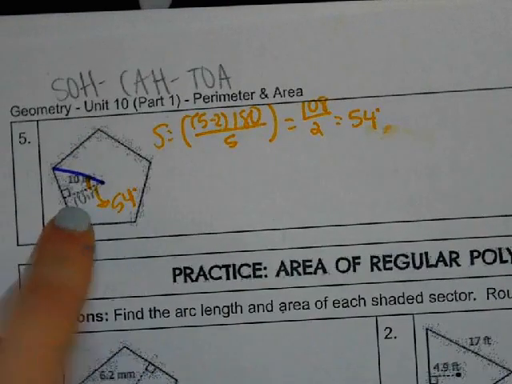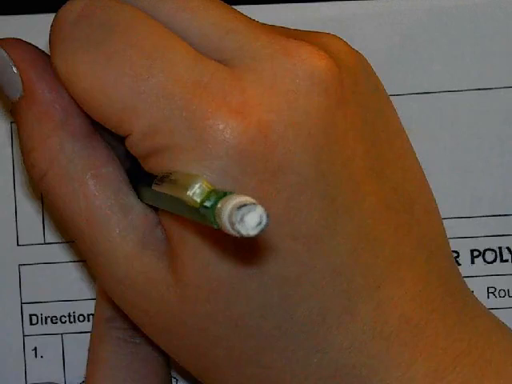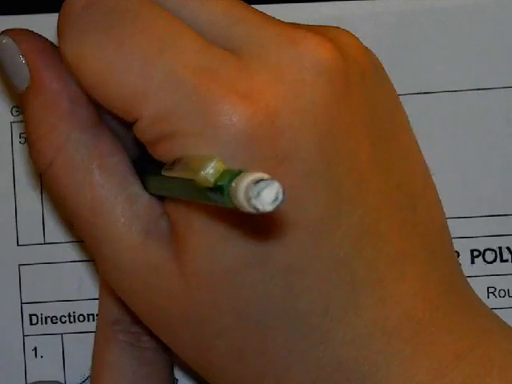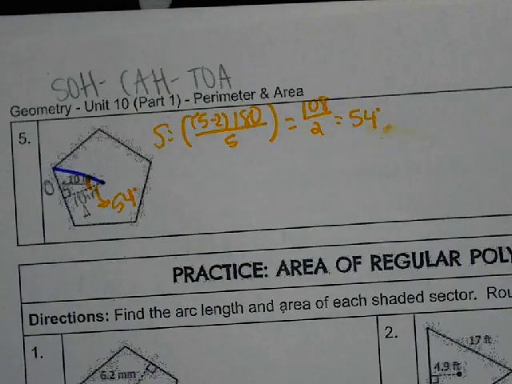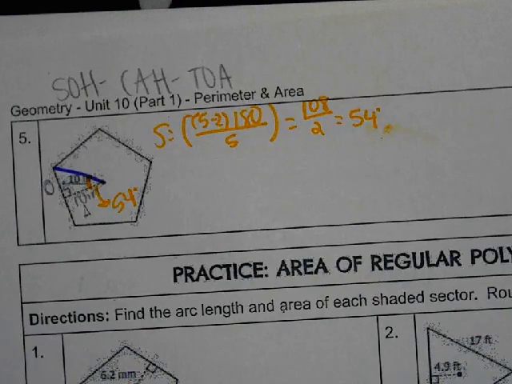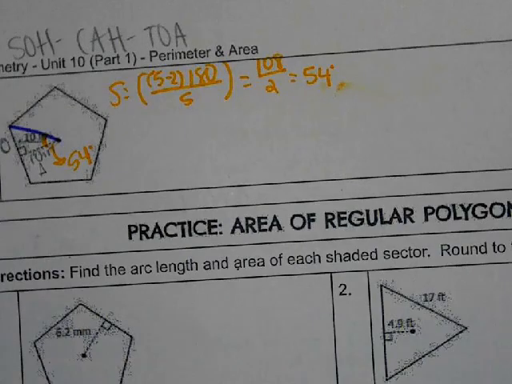If I'm looking at this angle, I don't have the hypotenuse. But I have the adjacent, and I need the opposite. So out of SOH, CAH, or TOA, I need TOA. I don't have any hypotenuse, so I'm going to use TOA.